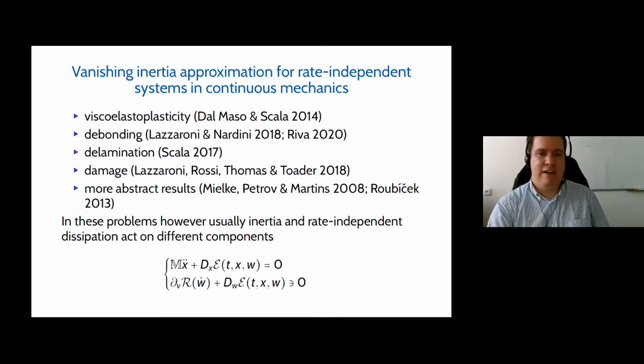There is a very big difference between all these applications and our application, and it is that in all other applications there is a decomposition of the problem. So you have inertia interacting with elasticity, and dissipation interacting with elasticity.